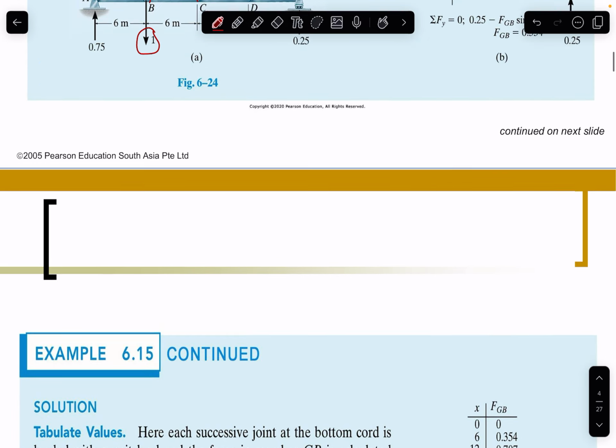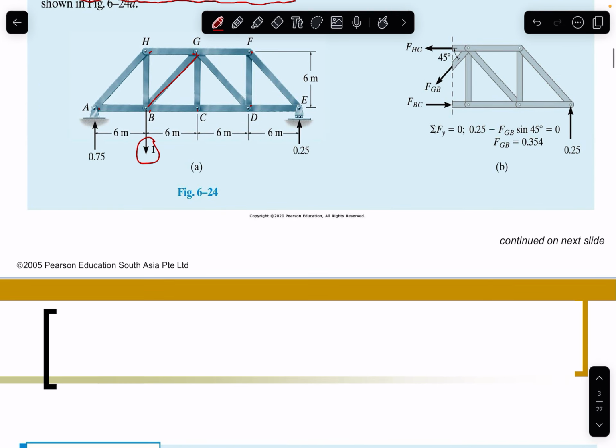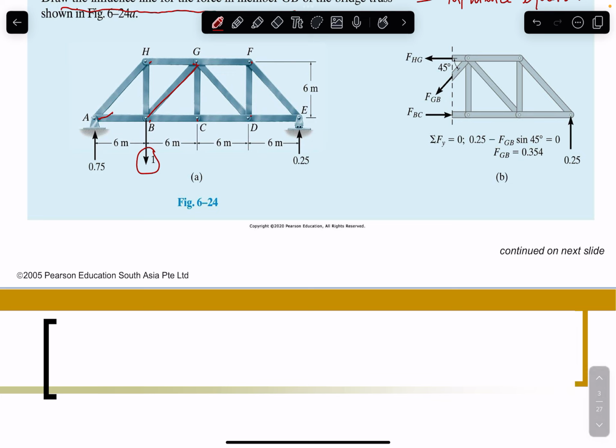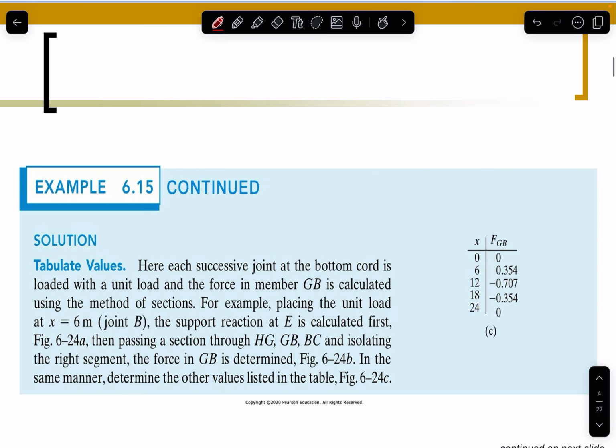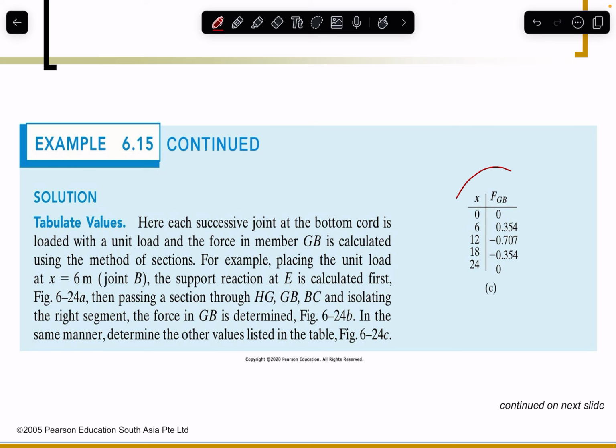You can see from the figure joint A, joint B, joint C, joint D, and joint E. Each joint is spaced 6 meters apart. So you can start with the 1 unit force applied at A, and then move to B, C, D, and E, as given in this table.